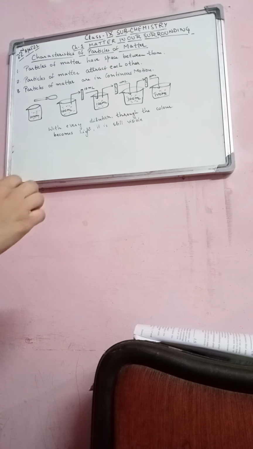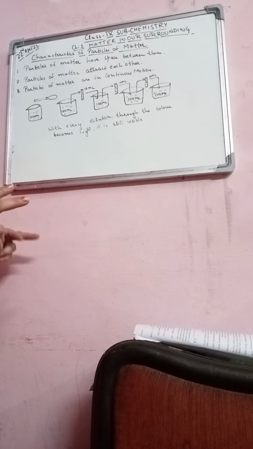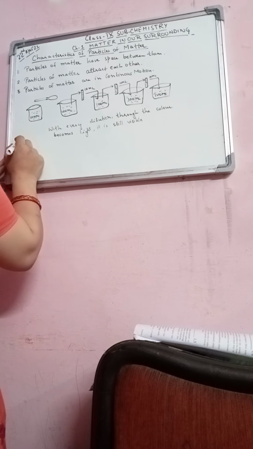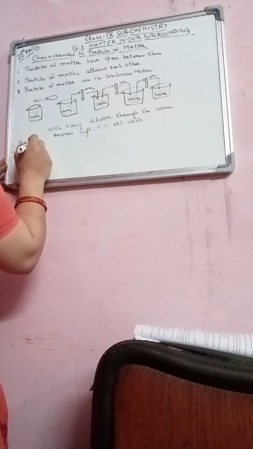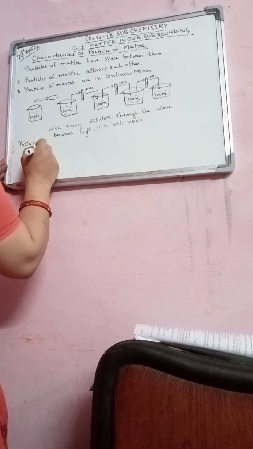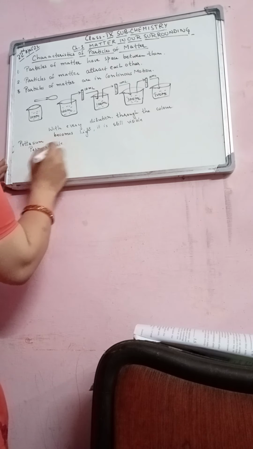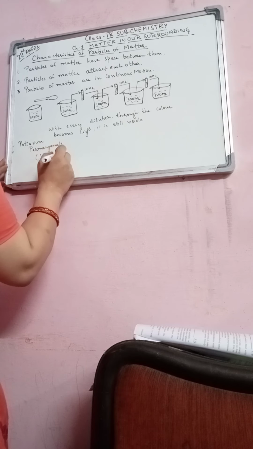Now the next step is to add 2-3 crystals of potassium permanganate. The formula is KMnO4.